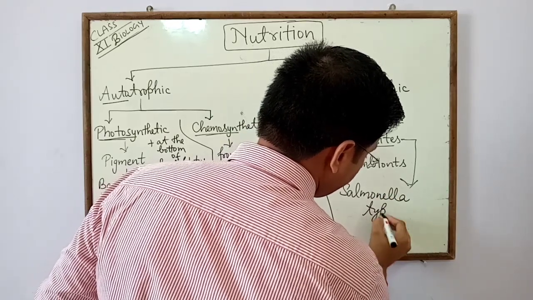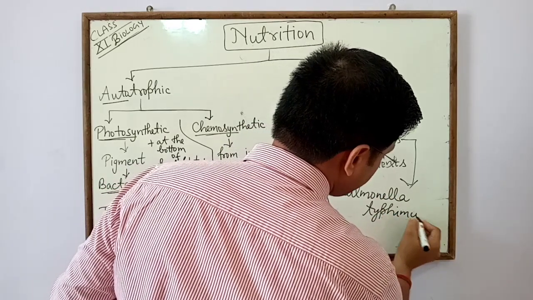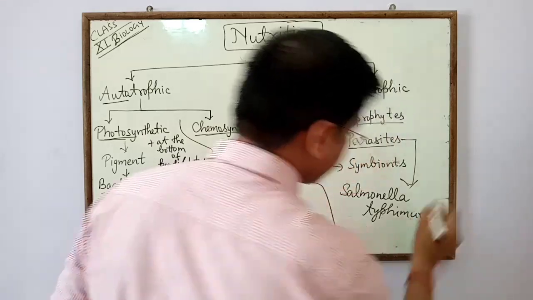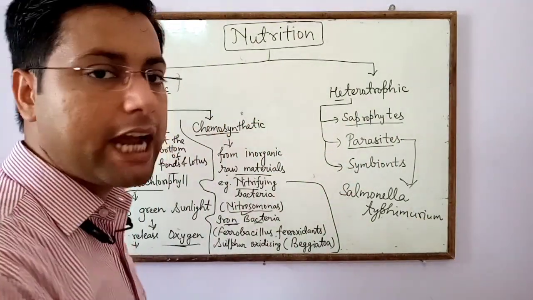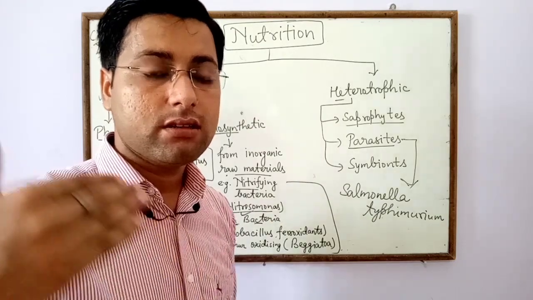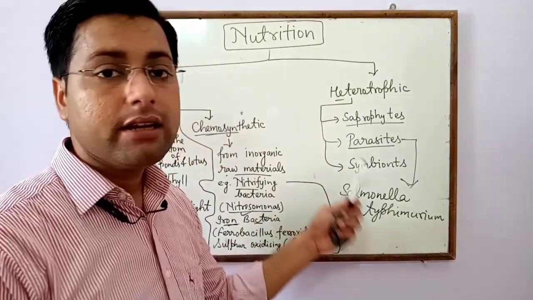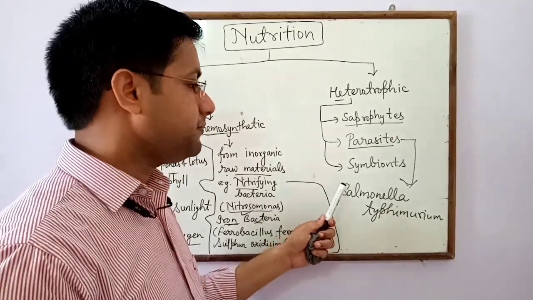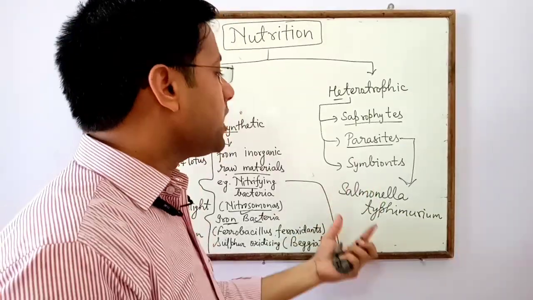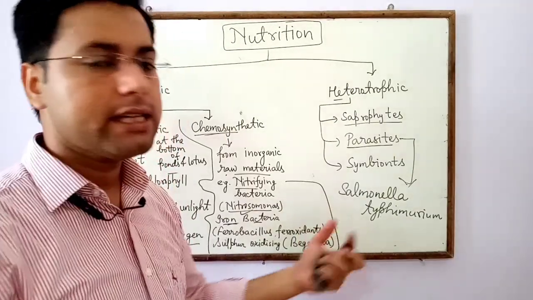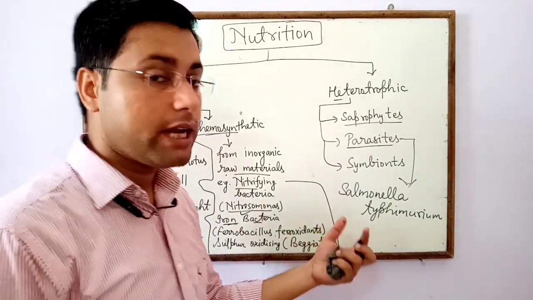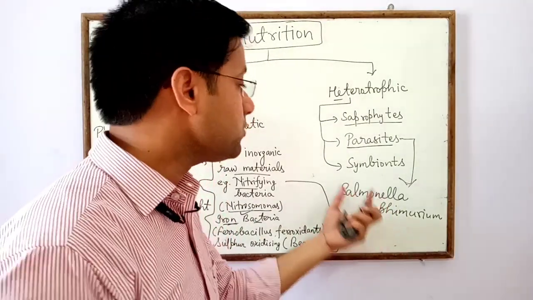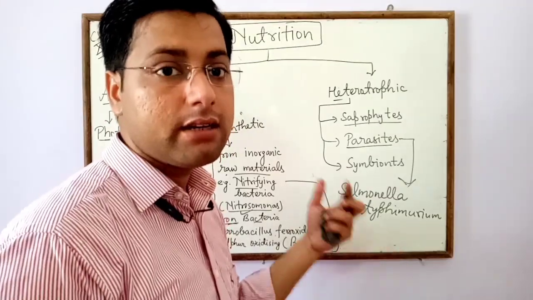Salmonella typhimurium causes typhoid disease. So Salmonella typhimurium is a type of pathogen which causes typhoid disease, and it is like a parasite. In the case of symbionts, some are present in legume crops, meaning nitrogen fixing bacteria, that is Rhizobium.